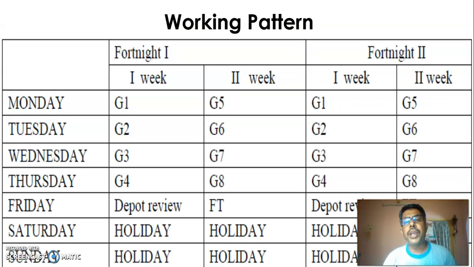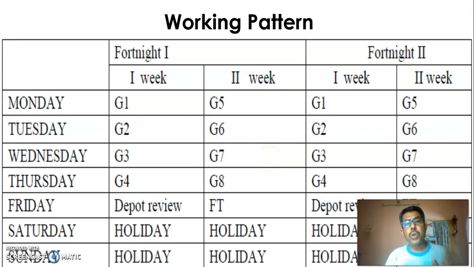So this is what we are talking about now. The working pattern: every week, Monday to Thursday, the agriculture officers visit farmers in their area. For example, if one block has 8 villages, on Monday they visit the first village, on Tuesday village group 2, then 3 and 4 in the first week, and in the second week another 4 villages.